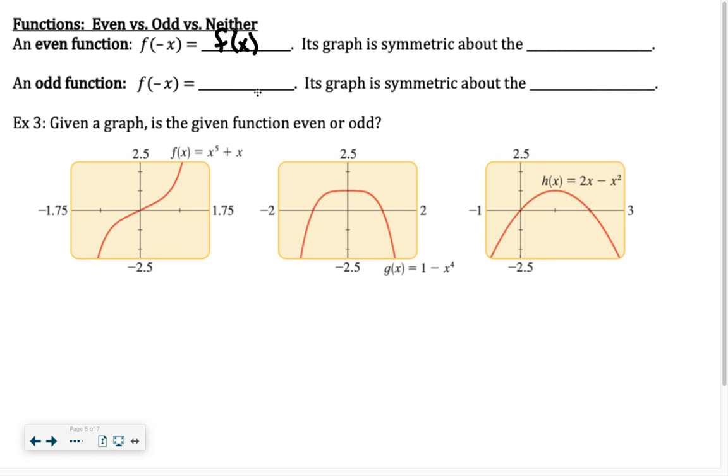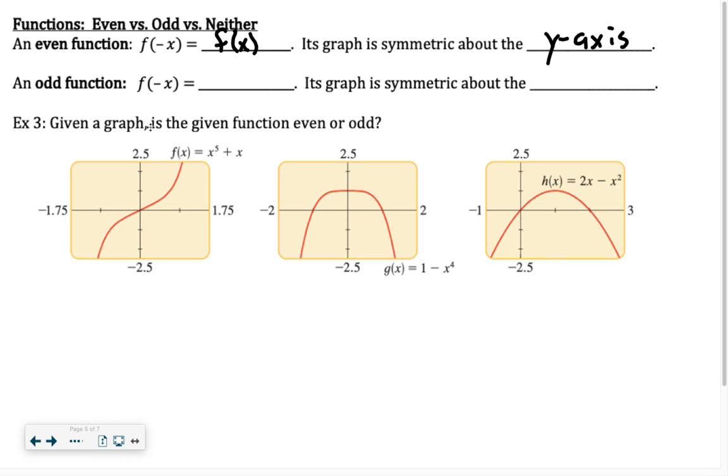So if you remember, we talked about symmetry like this. An even function is then symmetric about the y-axis. So if I plug negative x into my function and I get exactly what I started with, the graph is symmetric about the y-axis.